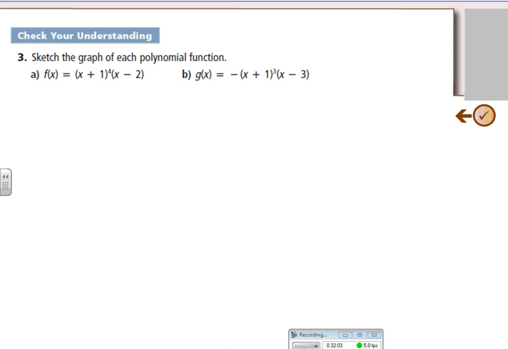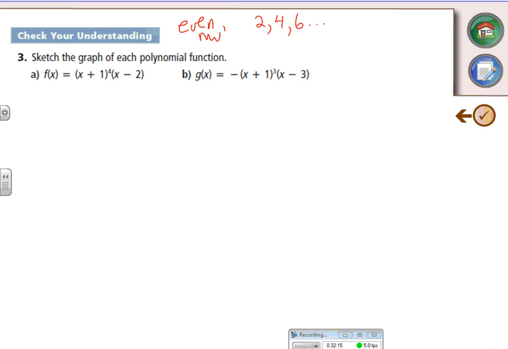One thing I do want to remind you right now is if there's a multiplicity of 2, 4, 6, any even multiplicity, then it's going to either bounce off on the top or bounce off on the bottom.